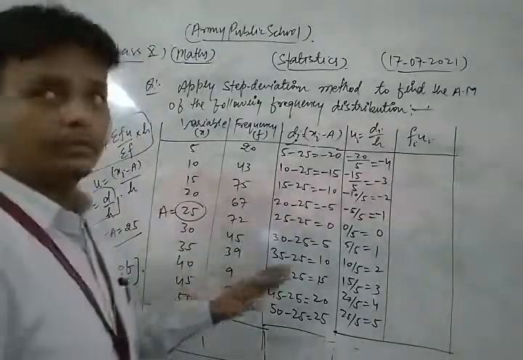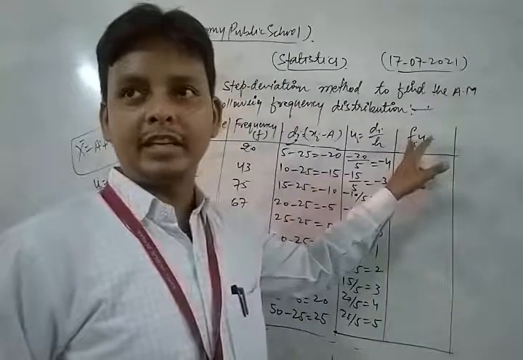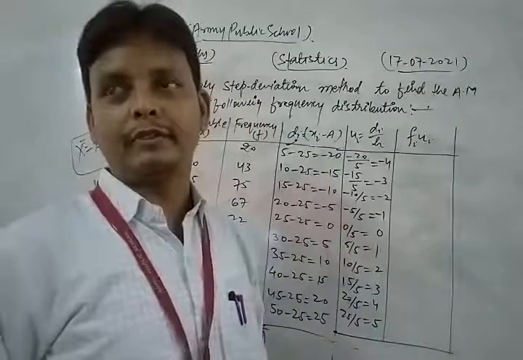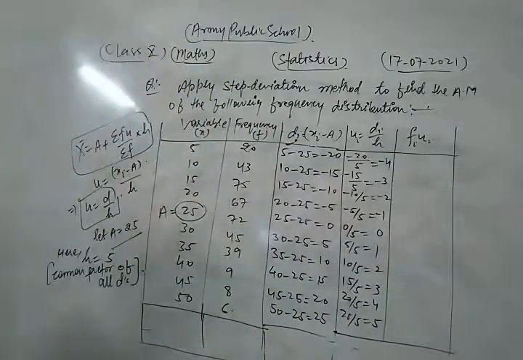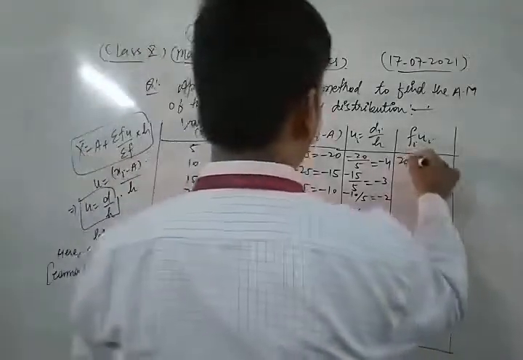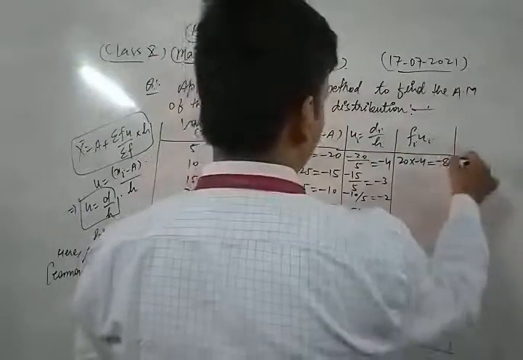Now after that we find the value of each fi into ui. That is, we find the product of f and u. So the product of frequency and the value of u is what? Let's see. This is 20 into minus 4, that is minus 80.